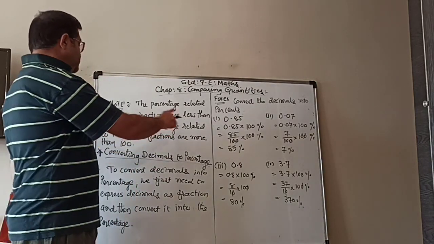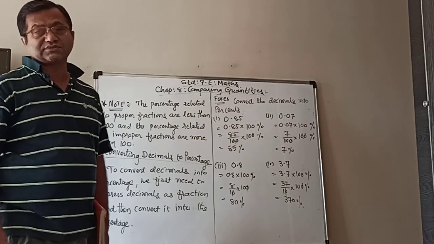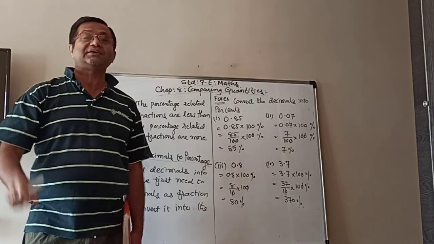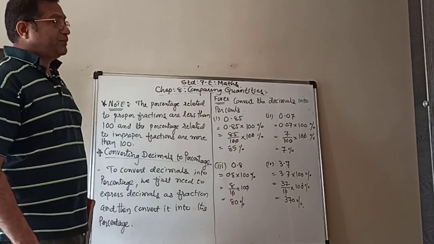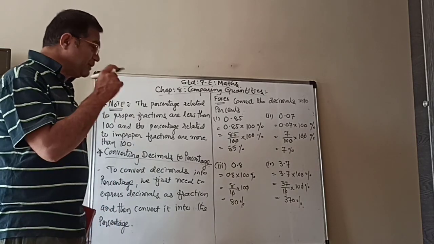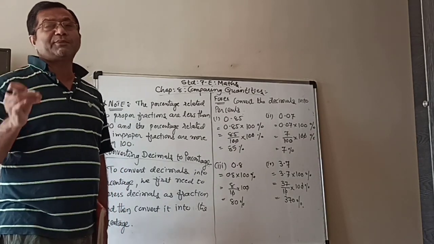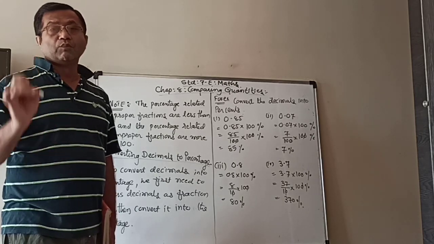And the percentages related to improper fractions are always more than 100.